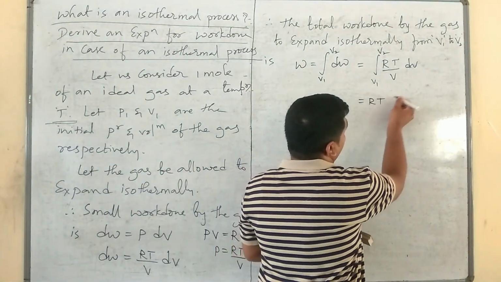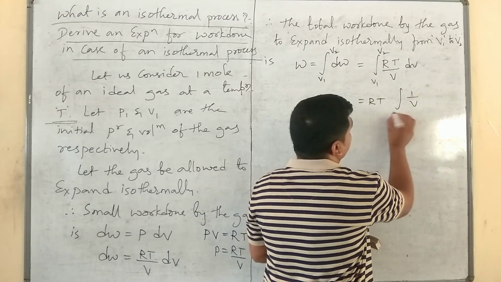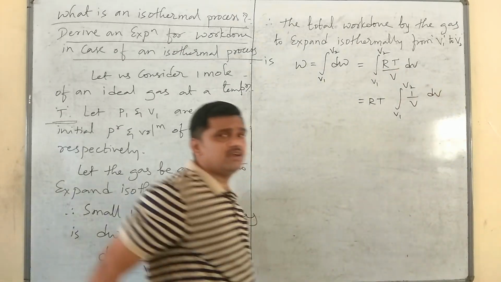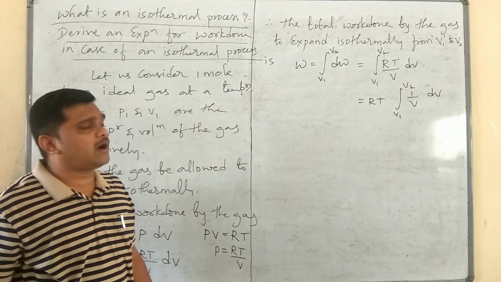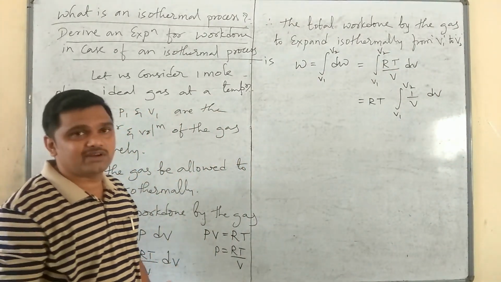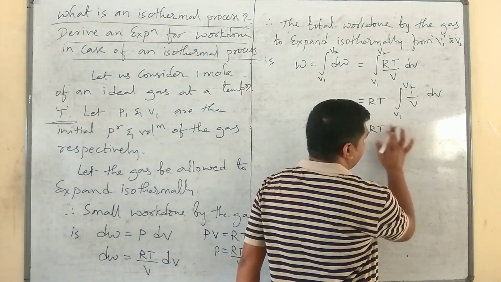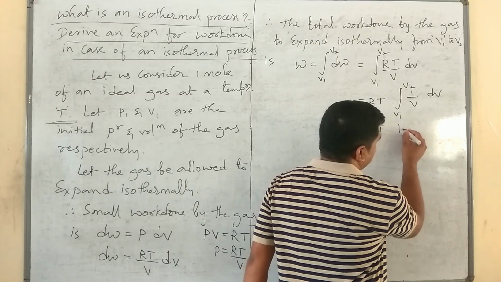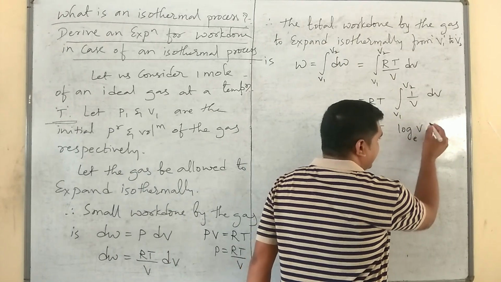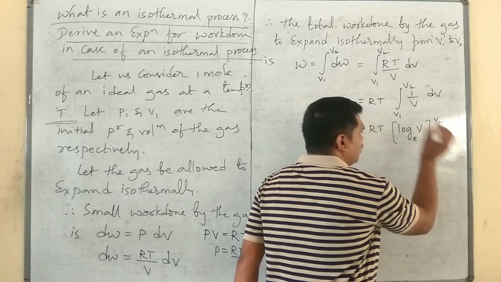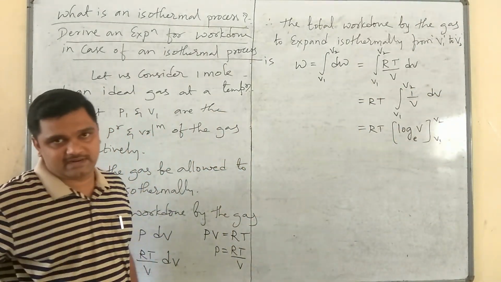What we get here? RT integration of 1 by V dV. If we integrate 1 upon V, what we get? That is log V or ln, log V to the base e. Upper limit V2, lower limit V1.